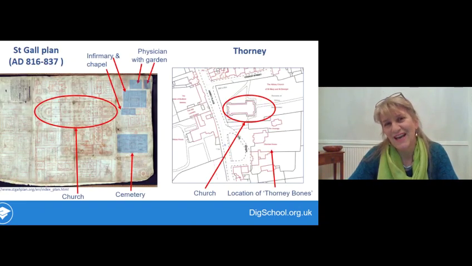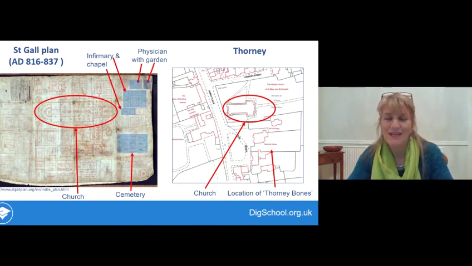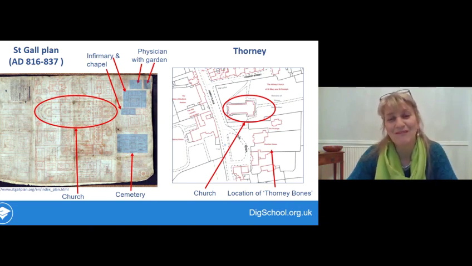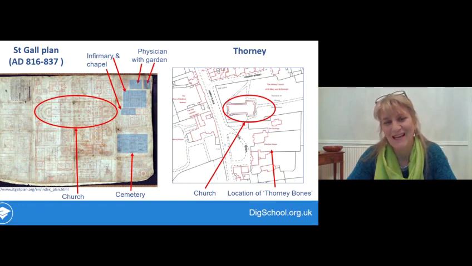When we look at the St Gall plan, and here's a picture of it, and here's a map of Thorney on the right, I've circled the church in both of them in red there, and I've marked where the cemetery is on the bottom right-hand corner of that 830s plan, the original St Gall plan. And as you can see, it's just in the sort of bottom right-hand side of the church, and that's exactly where our Thorney Bones location is compared to the church at Thorney.